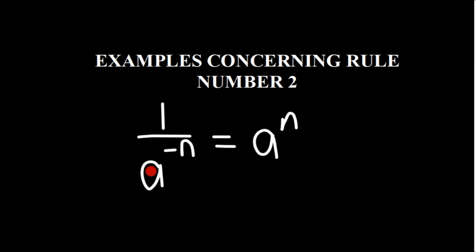When a goes up to the numerator, it changes the exponent from negative to positive, and 1 comes down to the denominator. So in this situation, you will have a to the exponent of n divided by 1, and a to the power of n divided by 1 gives you a to the power of n.